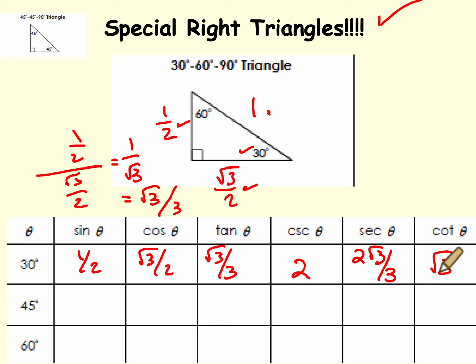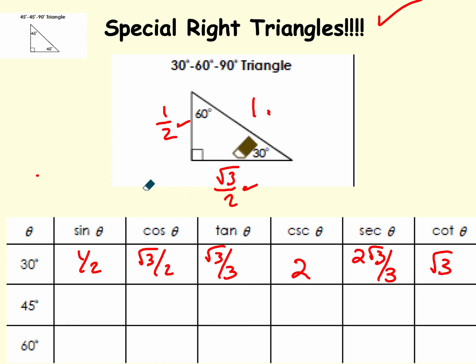Okay, 60-degree angle. Look what happens. I'm skipping 45 on purpose. Now, my opposite and my adjacent are switched because now I'm talking about this angle. So this is now my opposite, and this is my adjacent, and this is still my hypotenuse. So opposite of 60 would be square root of 3 over 2 over 1.